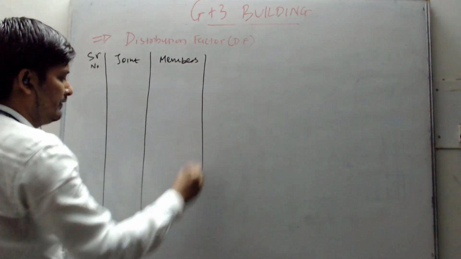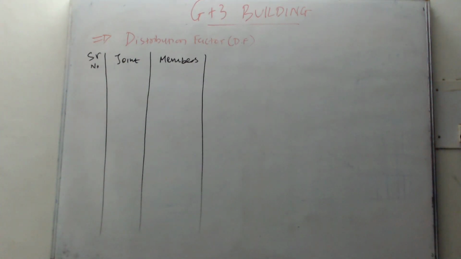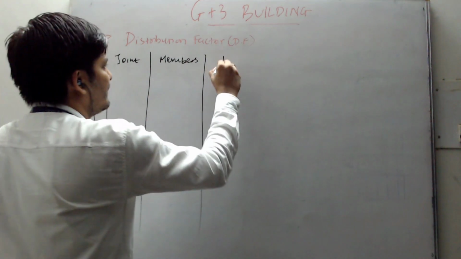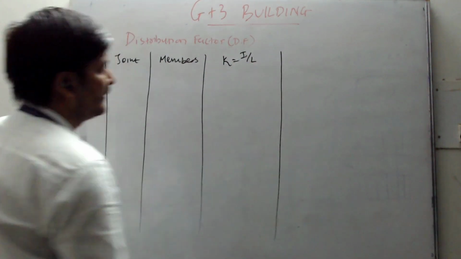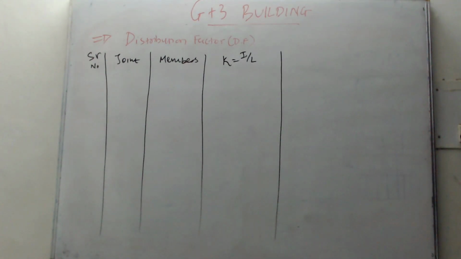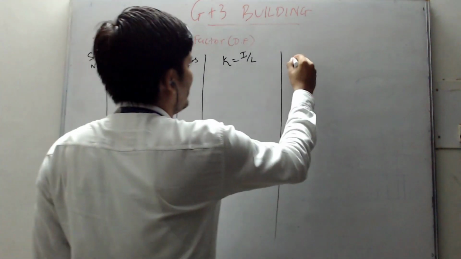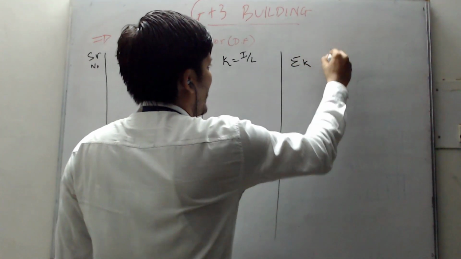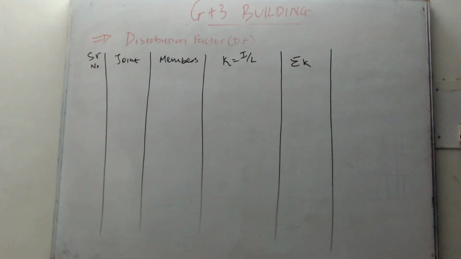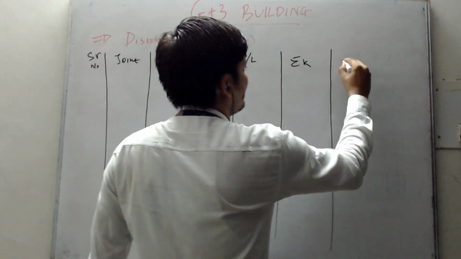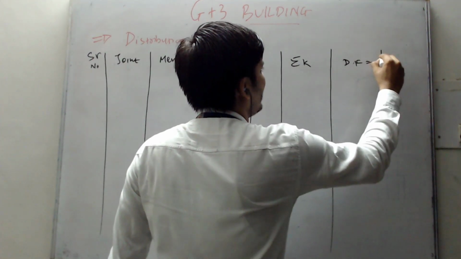After members we require K, that is I by L. And then we need to find out summation of K. And last, distribution factor is K divided by summation of K, right?